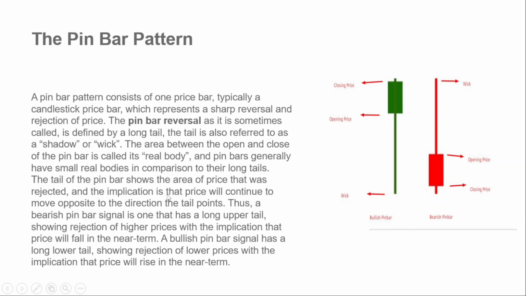The implication is that price will continue to move opposite to the direction the tail points. Thus a bearish pin bar signal is one that has a long upper tail showing rejection of higher prices, with the implication that price will fall in the near term. A bullish pin bar signal has a long lower tail showing rejection of low prices, with the implication that price will rise in the near term.